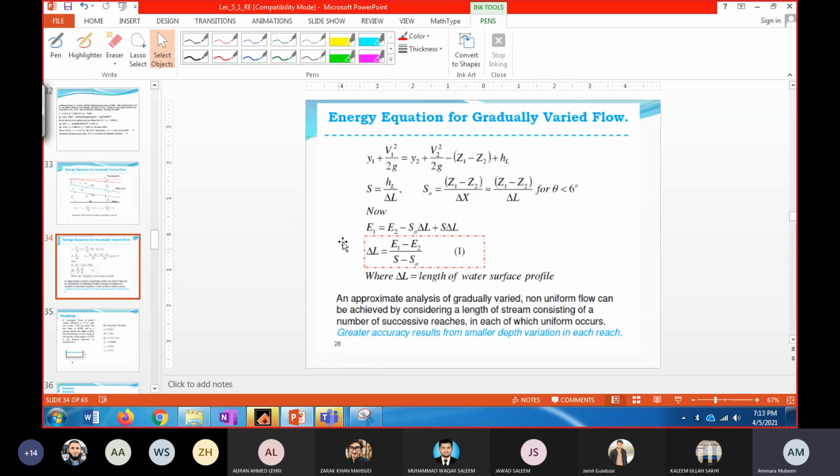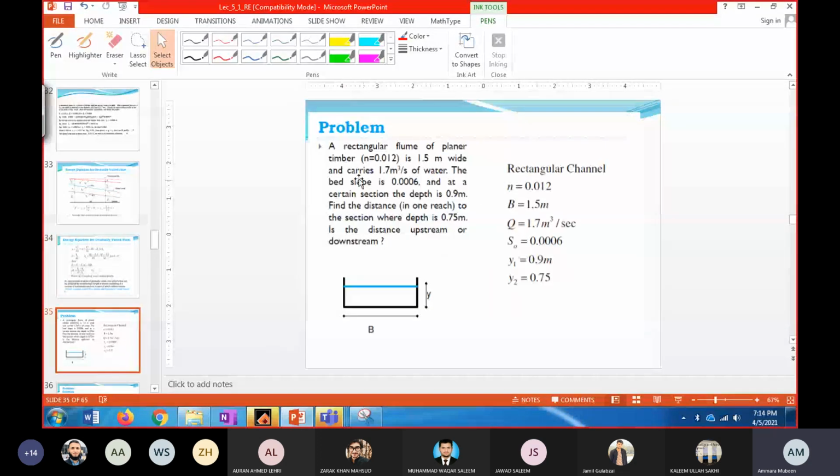So when you have to evaluate this delta L value for larger difference of depth, then you have to use this formula by considering the smaller reaches in between those lengths. Let's check this question and then we'll know about that.